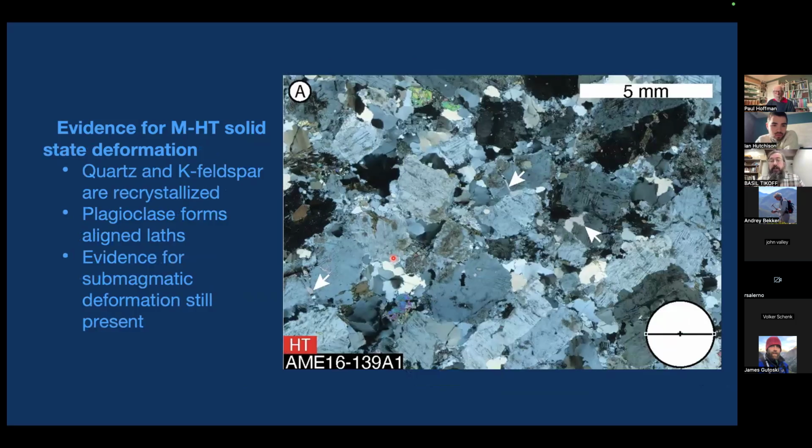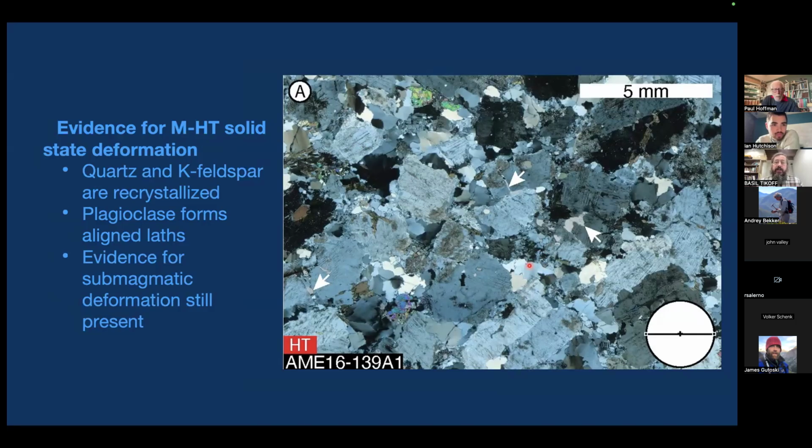There is, however, in different locations, solid state deformation. And this tends to be, so the M is moderate, the H is high, so moderate to high temperature, solid state deformation. And the quartz and the feldspar are recrystallized. Locally, you see basically subgrains forming on some of the quartz.